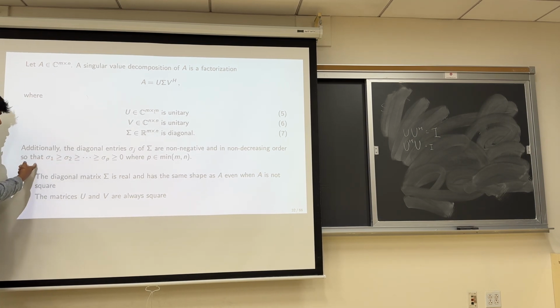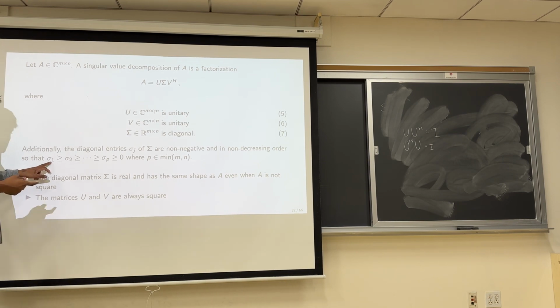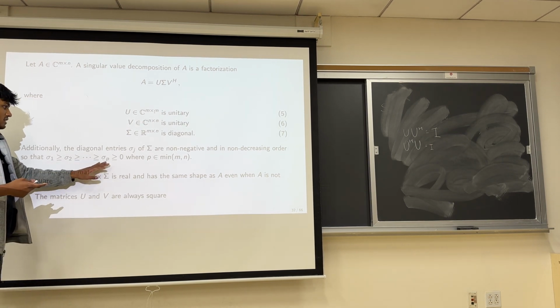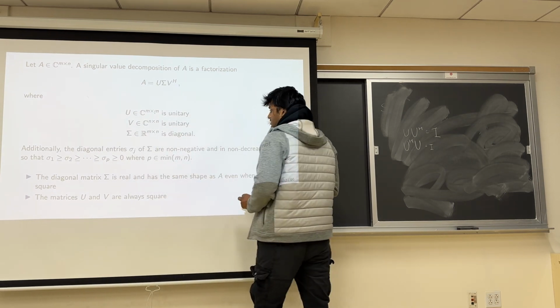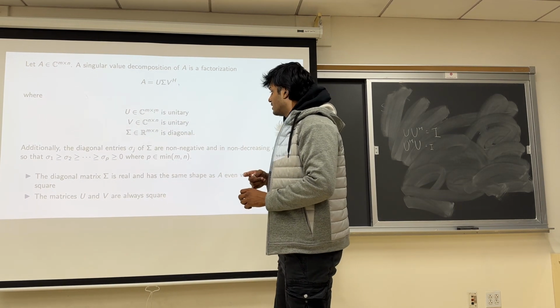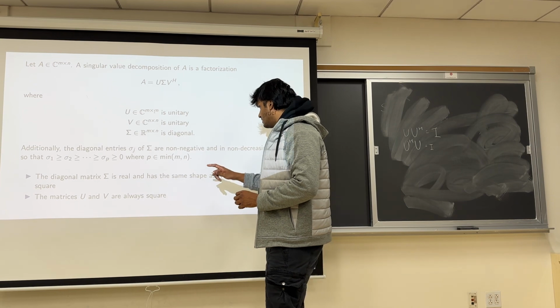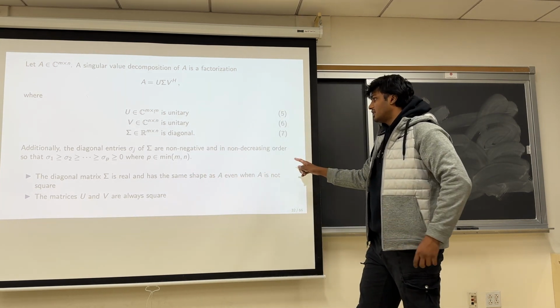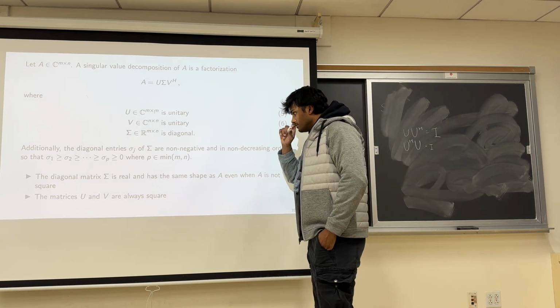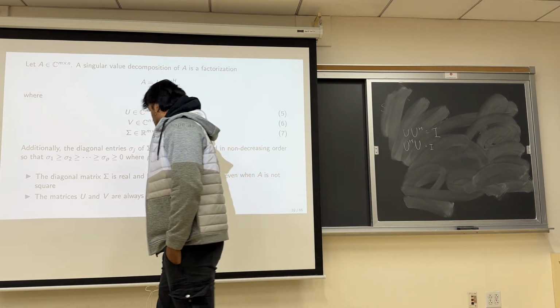It should say non-increasing, so that sigma 1 is greater than or equal to sigma 2 is greater than or equal to, and so forth, where p is the minimum of m and n. So the diagonal matrix is real and has the same shape as A even when A is not square. The matrices U and V are always square.